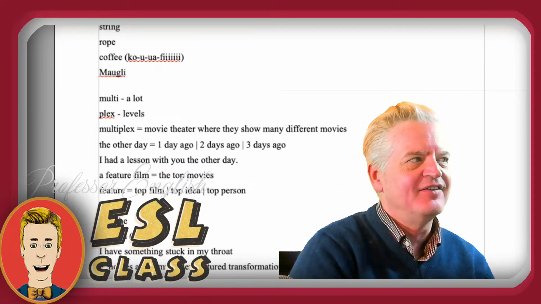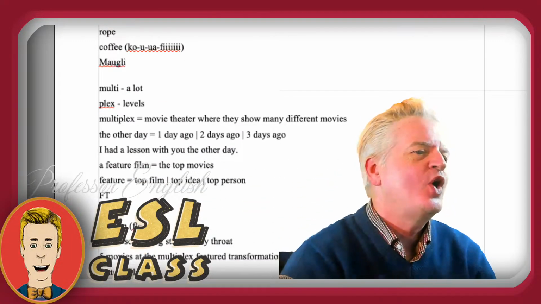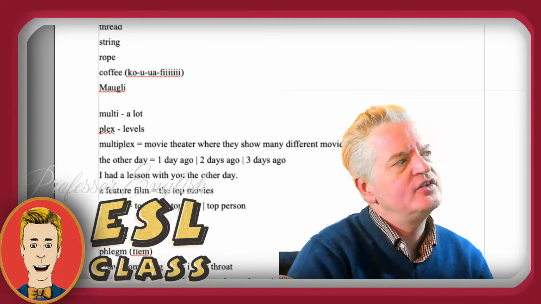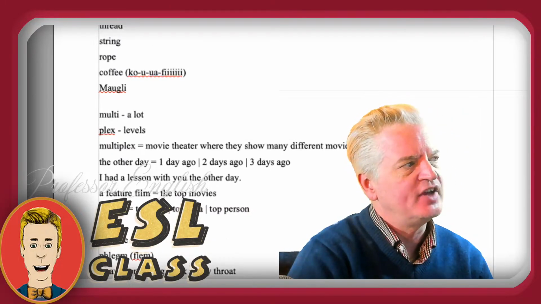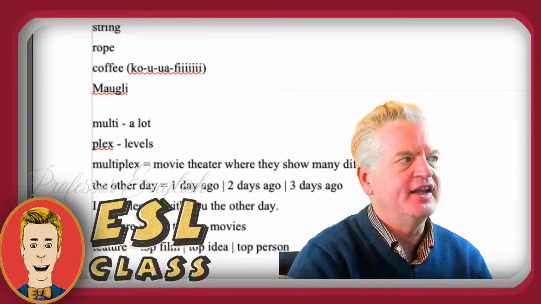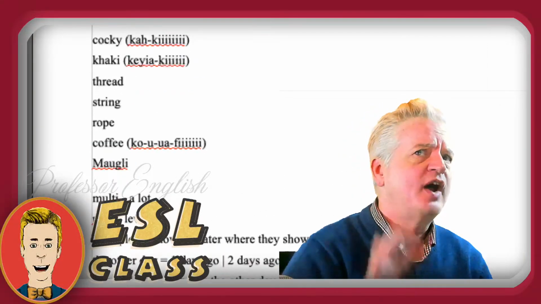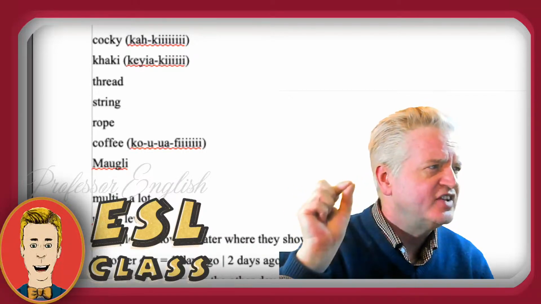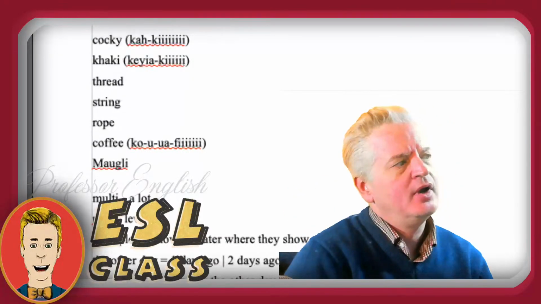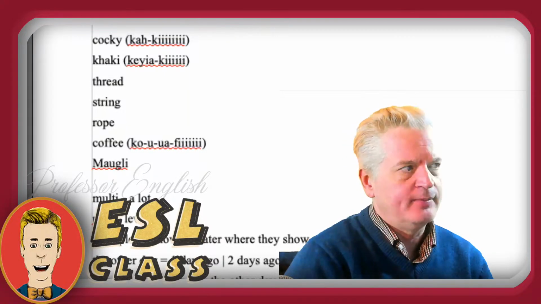This led to a conversation about the word coffee, which is not surprising because this sound in the beginning, this vowel sound, is very complicated. Just like khaki is a very complicated vowel sound. It has many little sounds inside of it. And the same is true about the word coffee.